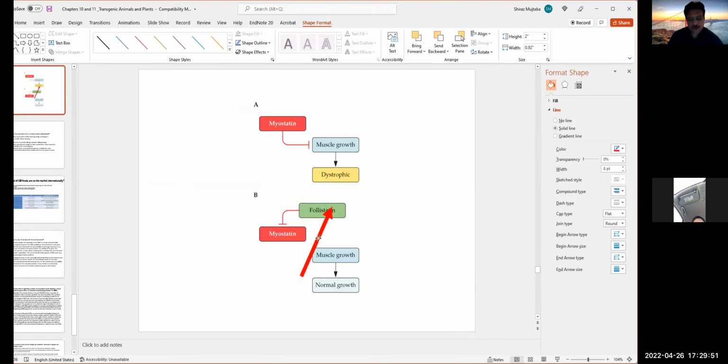And there is another gene that makes the protein follistatin. Follistatin can reduce the expression of myostatin, and once the function of myostatin is neutralized, then muscle will grow and it will be normal.